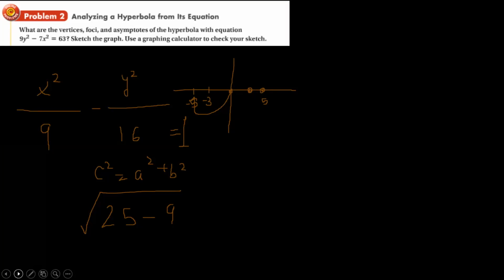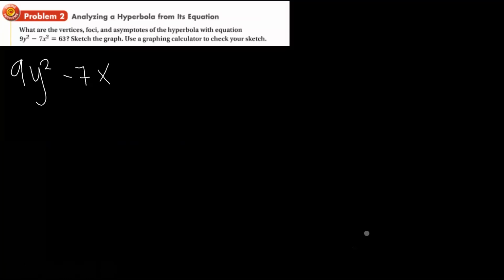Here, as you see, we have an equation: 9y squared minus 7x squared equal 63. He told me that this is an equation of the hyperbola.